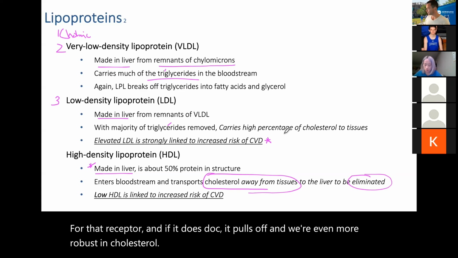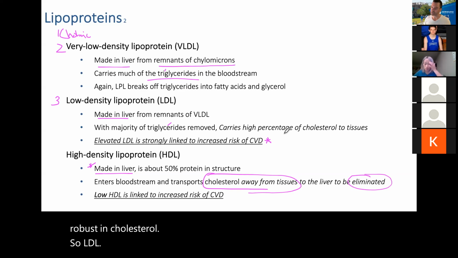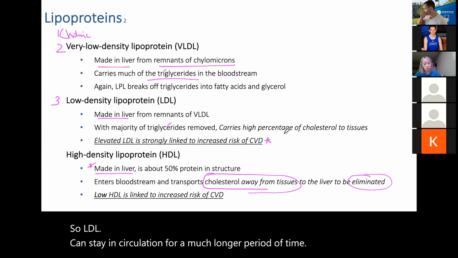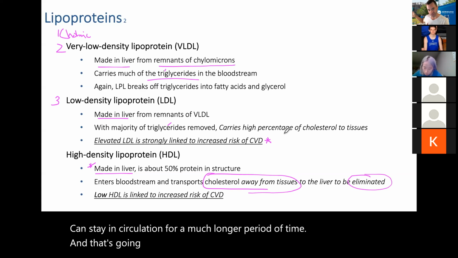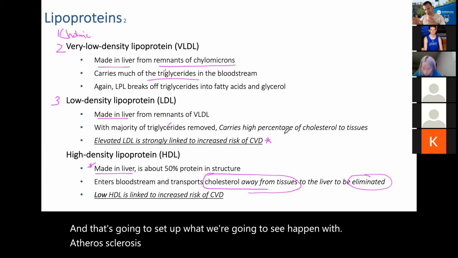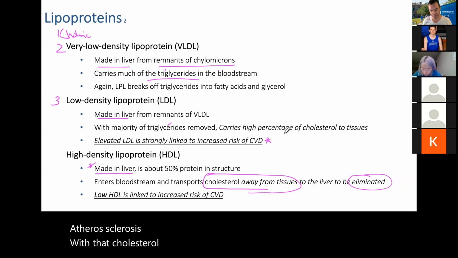So LDL can stay in circulation for a much longer period of time. Okay. And that's going to set up what we're going to see happen with atherosclerosis, with that cholesterol buildup that can happen inside your blood vessels if you have a high fat diet.